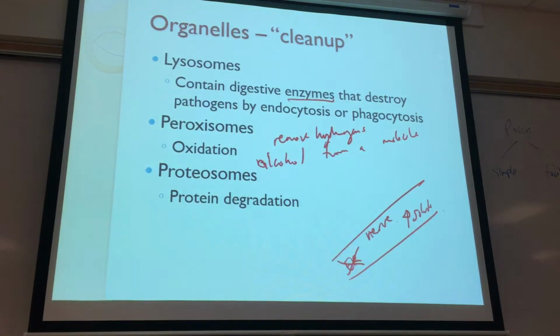We have peroxisomes that come in and take alcohol and remove hydrogens to turn it back into water. Proteasomes are another one. They're basically a structure that contains proteases, enzymes that break down proteins. So when proteins are no longer functional, we degrade them and break them apart.